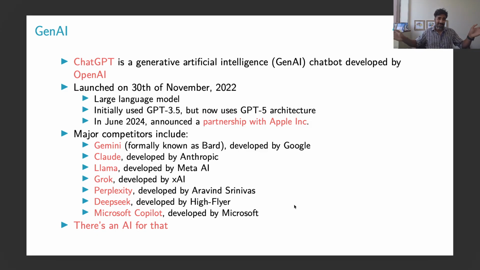But there are major competitors, right? OpenAI certainly was the first that launched successfully in the market, but it was soon followed by many others, including Gemini, which was formerly known as Google Bard, which is developed by Google, and then there was Claude, which is developed by Anthropic.